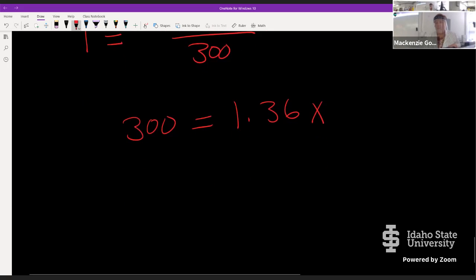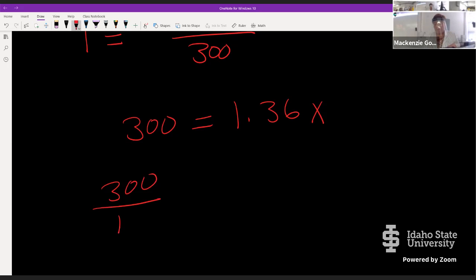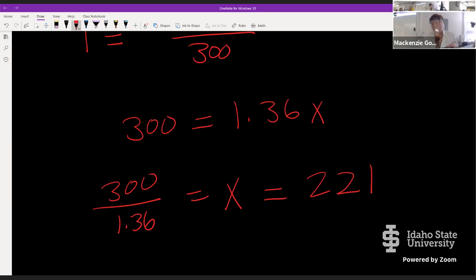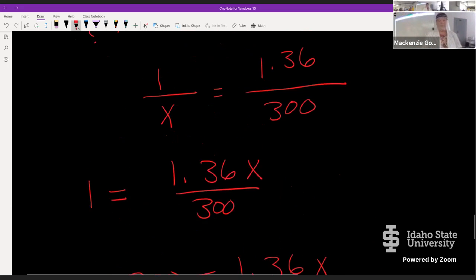Now I want to get x by itself, so what do I do? Divide. And then what does this equal? 220.6. So 221.